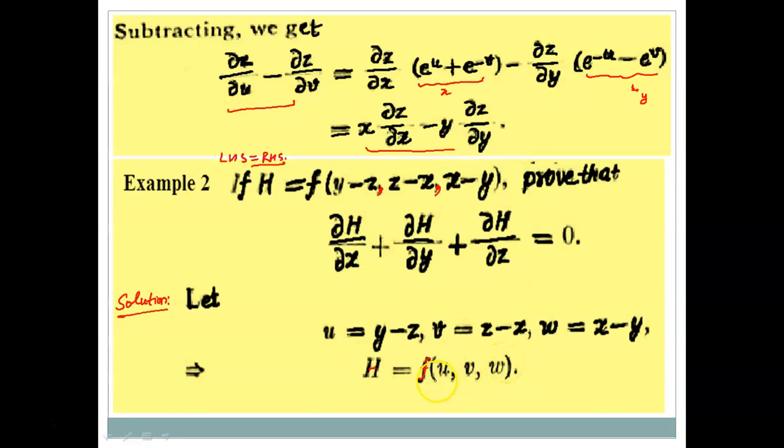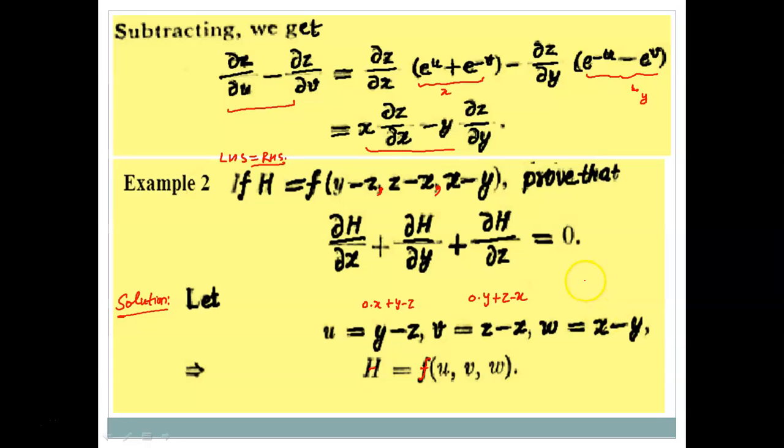Now let us look at these variables u, v, and w. In fact, this u can be written as 0 into x plus y minus z, and this v can be written as 0 into y plus z minus x, because 0 multiplied by y will give you 0, and the same thing is left over here.